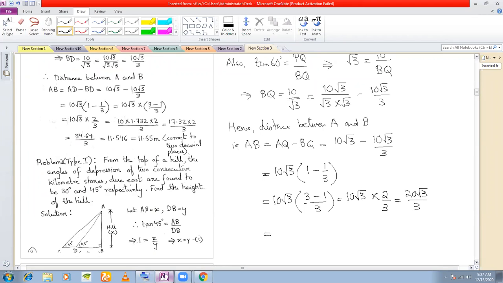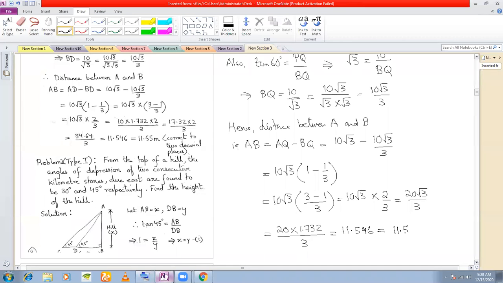And therefore, how to calculate this? Put the values: 20 into 1.732 divided by 3. So this should come to 11.5546.